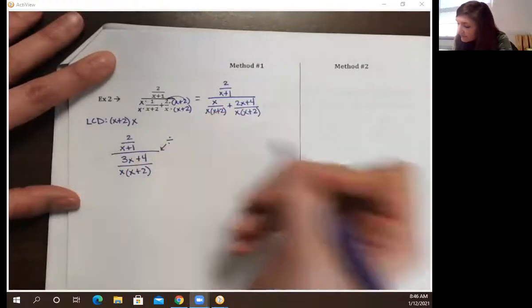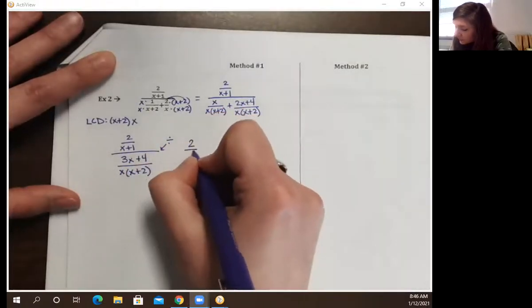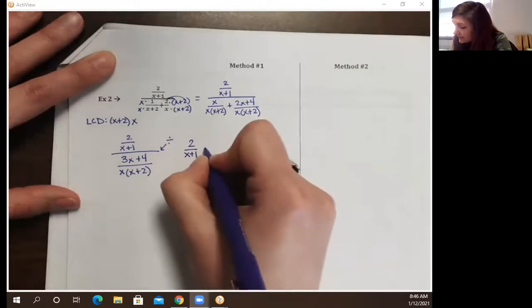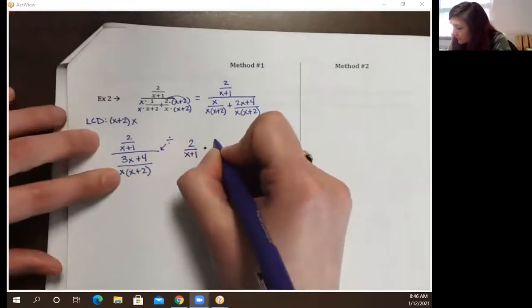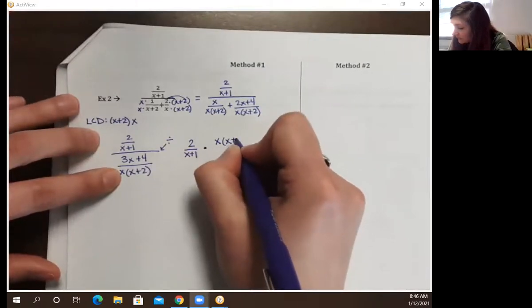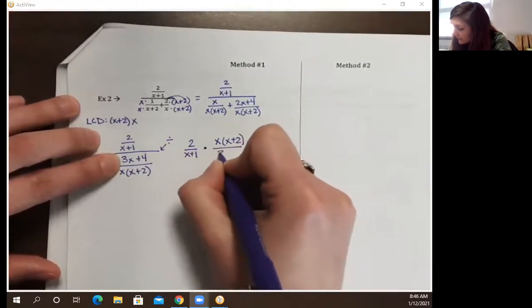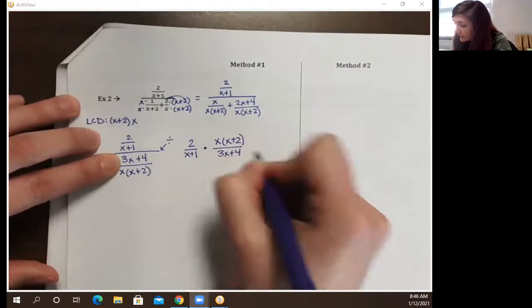Now I treat this as division, and I'm going to go ahead and rewrite it as 2 over x plus 1 times the reciprocal of the bottom. So x times x plus 2 goes on top, and 3x plus 4 goes on the bottom.